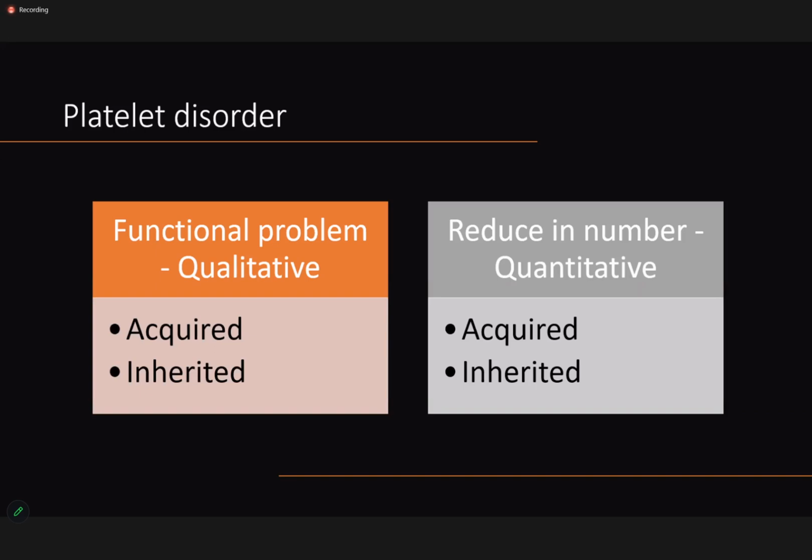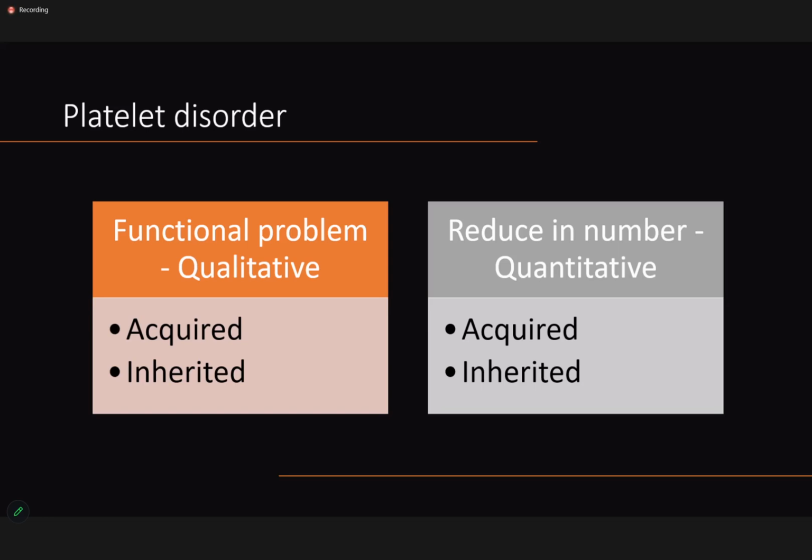Again, when we talk about a platelet disorder, basically we talk about whether it is a functional or qualitative problem, or whether it is due to a reduction in number, a quantitative problem. The most common, as we already know, are acquired causes compared to inherited ones.